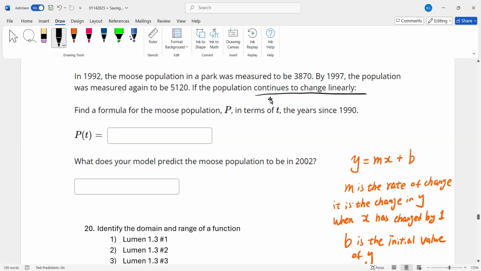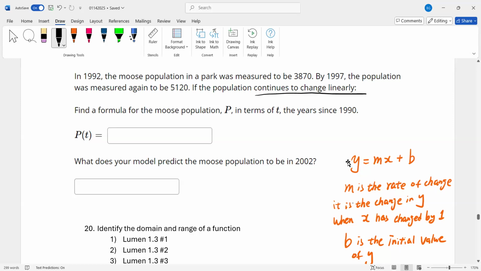So this information tells us we are able to use a linear function to model the situation. So we are going to set up a linear model. We need to find a formula for the moose population P in terms of t. t here is the years since 1990.